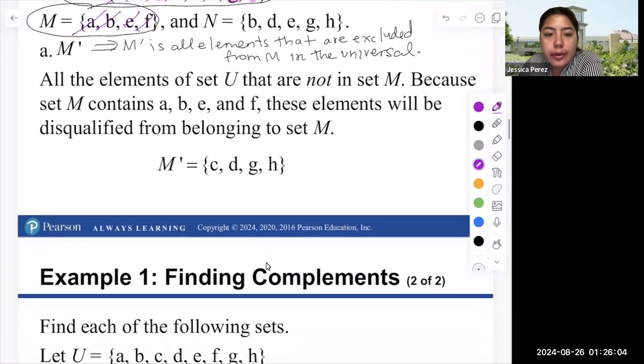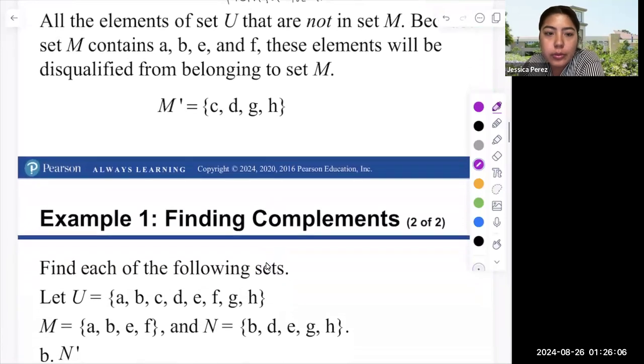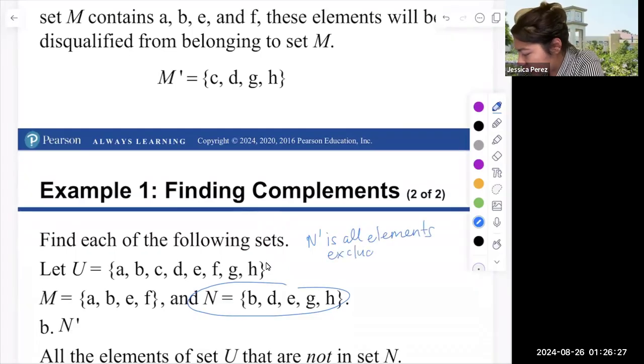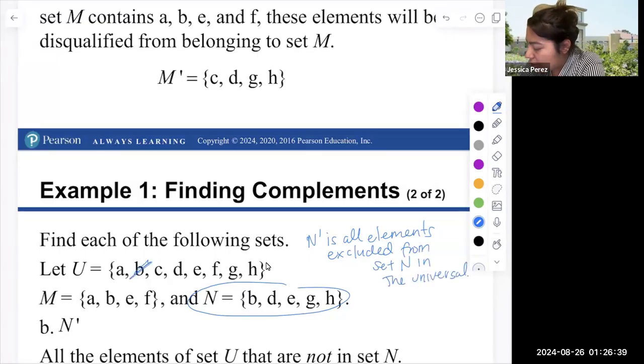Similarly, we have U and we want to find N prime. So now we look at the set N, and we want to find N prime. N prime is all elements excluded from the set N in the universal set. So let's remove those: B, D, E, G, and H. So what elements do we have left over?